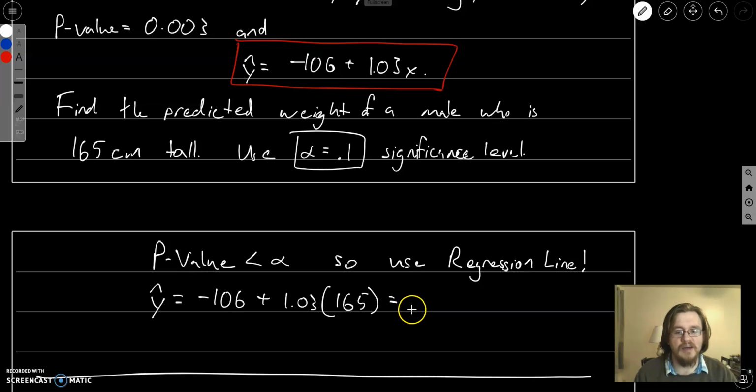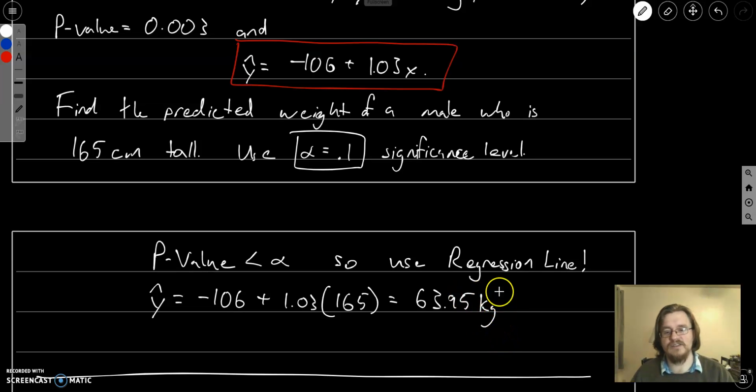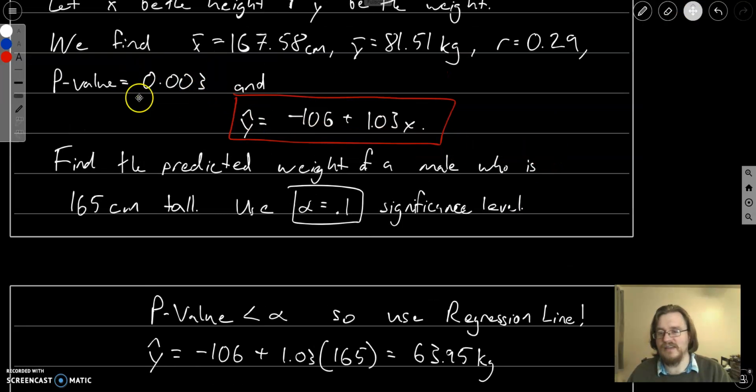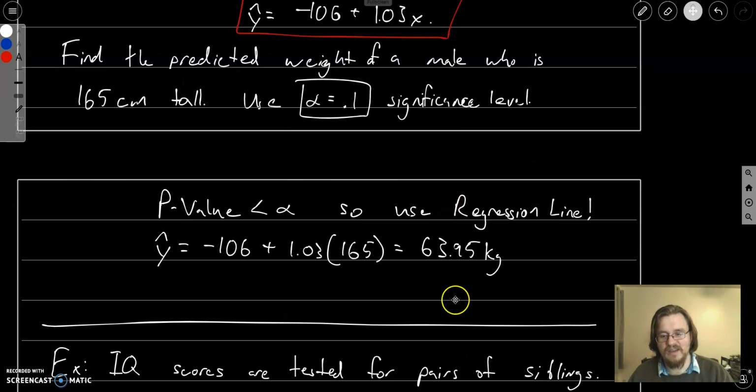If we plug this in and do the math, we get 63.95 kilograms. So the only thing that we need is the fact that our p-value is less than alpha, so we use our equation.